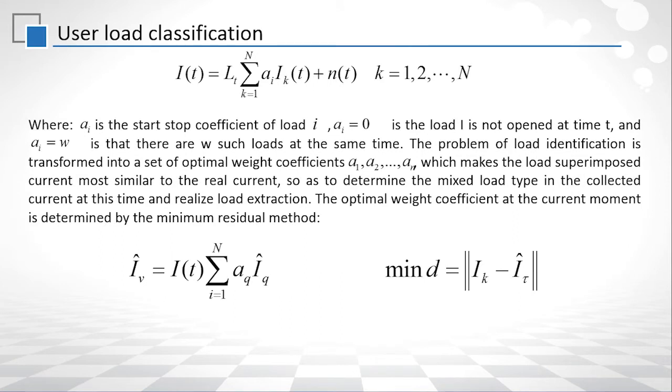The problem of load identification is transformed into a set of optimal weight coefficients A1, A2 to AN, which makes the load superimposed current most similar to the real current. The optimal weight coefficient at the current moment is determined by the minimum residual method.